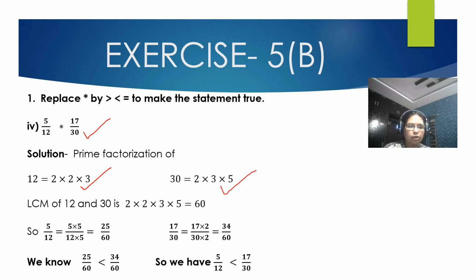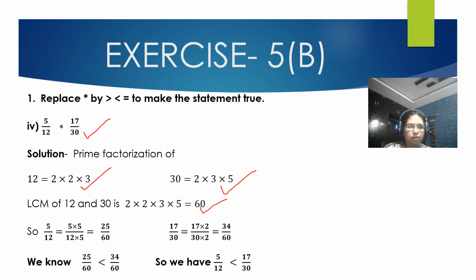Now we have to find the LCM of 12 and 30. LCM of 12 and 30 is 2 multiplied by 2 multiplied by 3 multiplied by 5. 2 multiplied by 2 is 4, 4 multiplied by 3 is 12, 12 multiplied by 5 is 60. So LCM of 12 and 30 is 60.